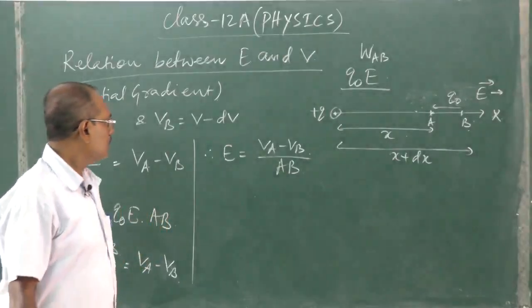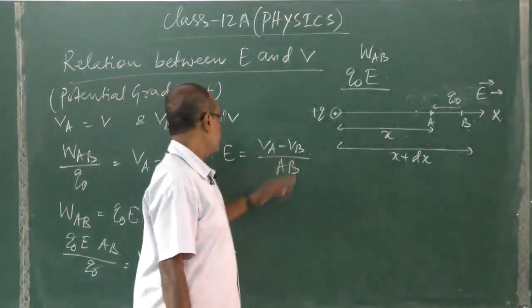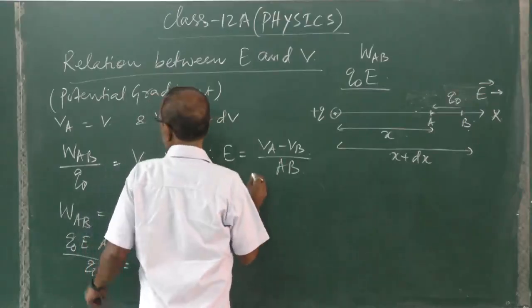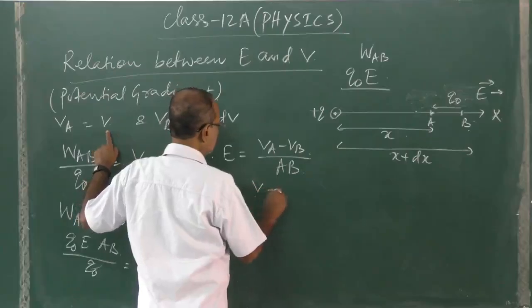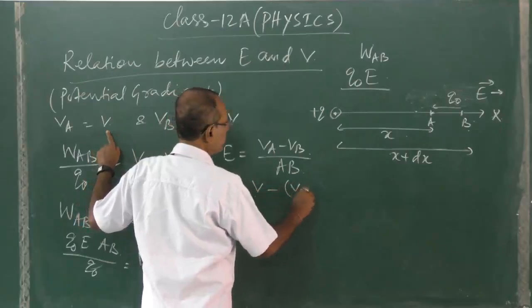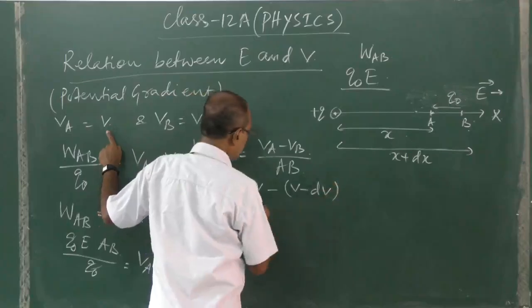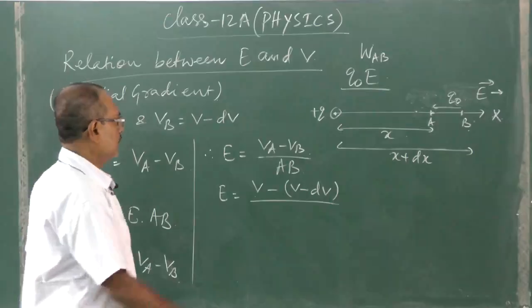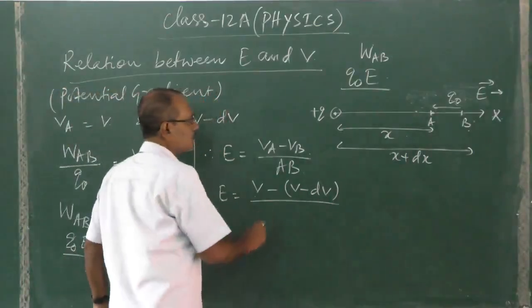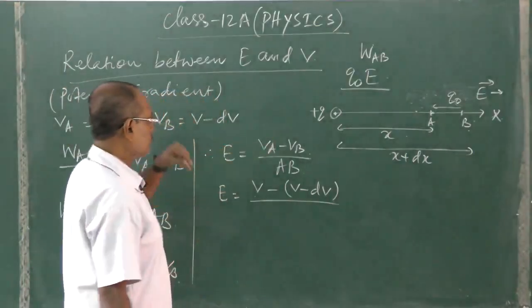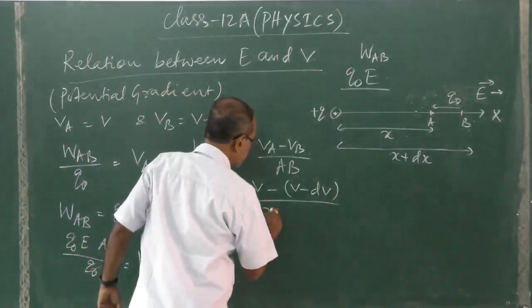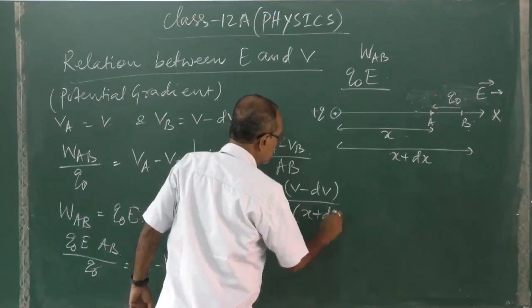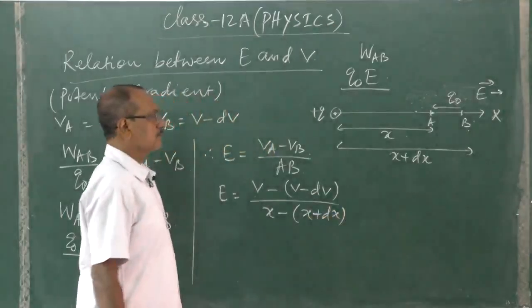Now we'll put the value of VA, VB. So then E is equal to VA, what? V minus VB divided by the distance x. Then the distance will be what? X minus x plus dx.